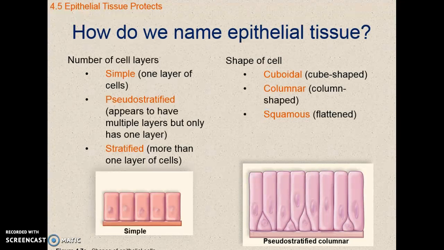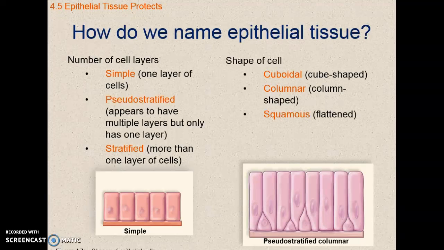You have the number of cells: simple cells, which is one layer, and you see an example of that on the left, the simple epithelial cells. You have pseudostratified, which appears to have multiple layers but really only has one layer, and then stratified, which means there are multiple layers of cells on top of each other.